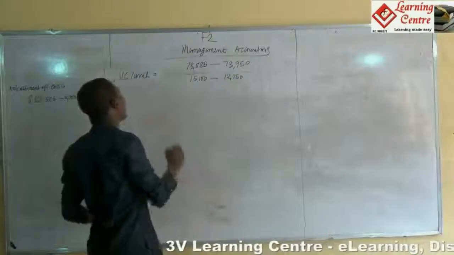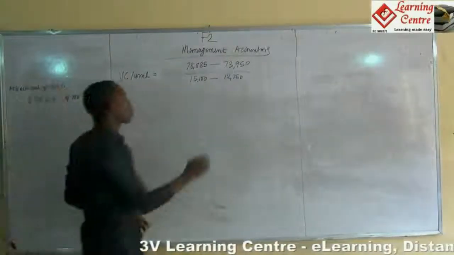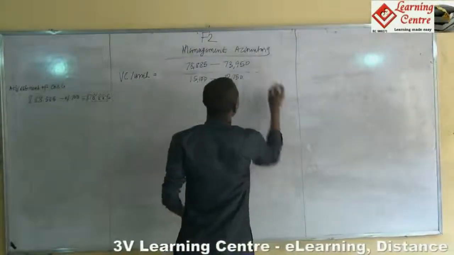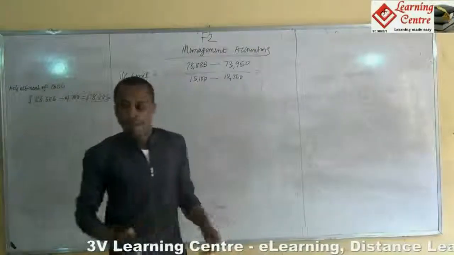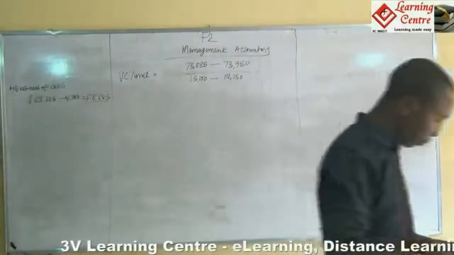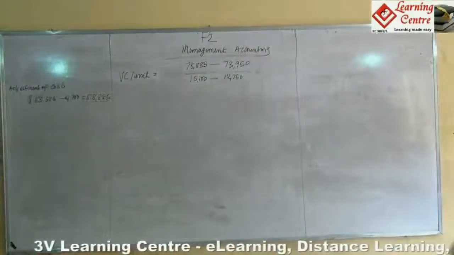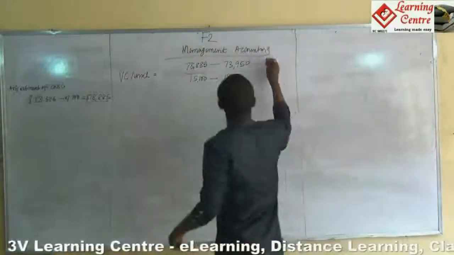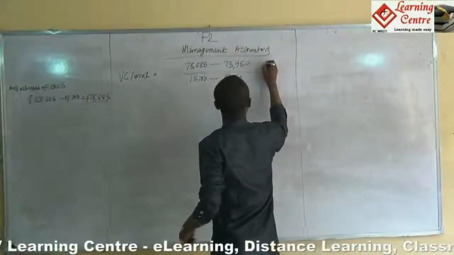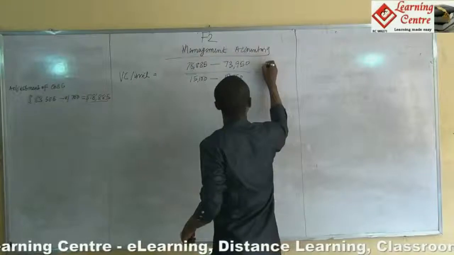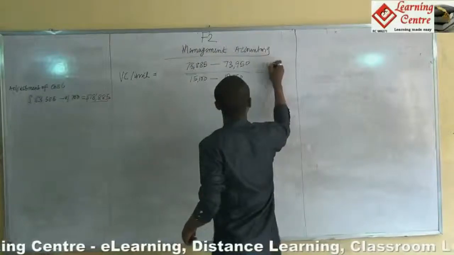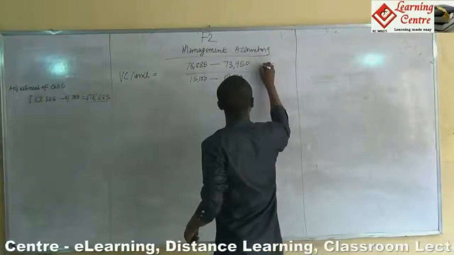If I'm able to do this, then I'll get my variable cost per unit.